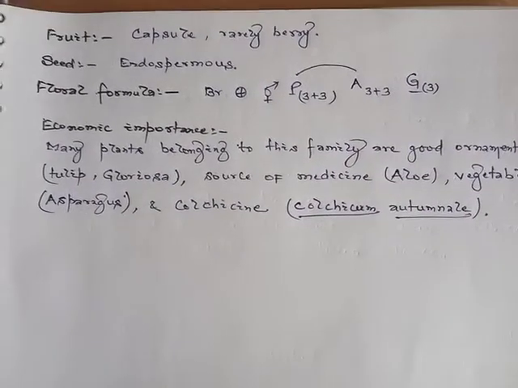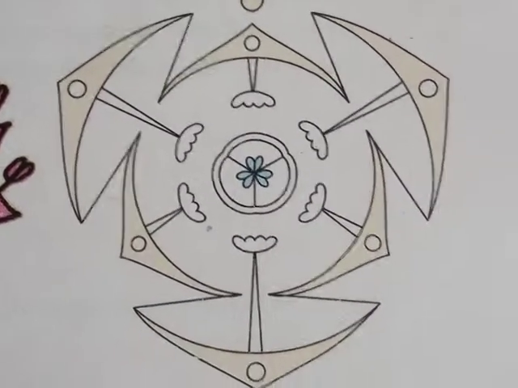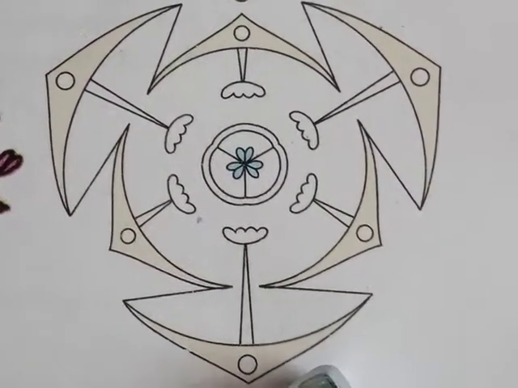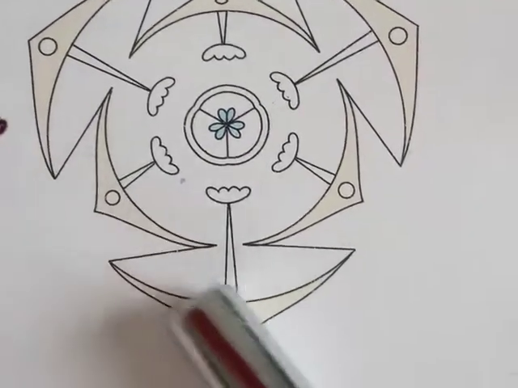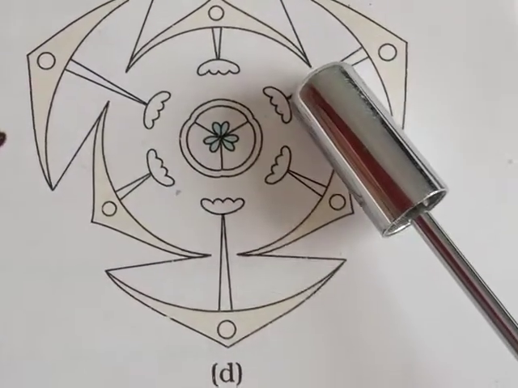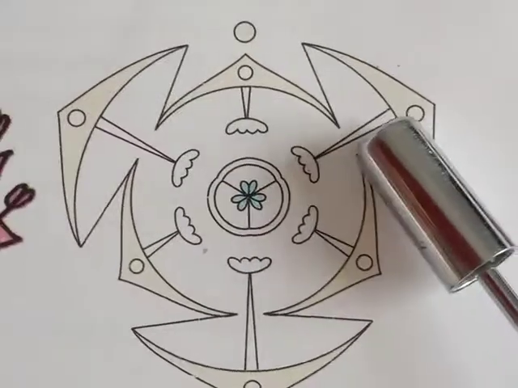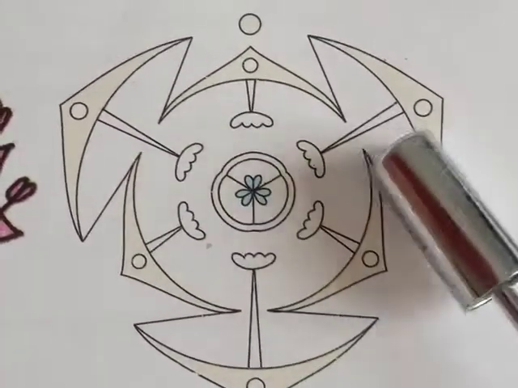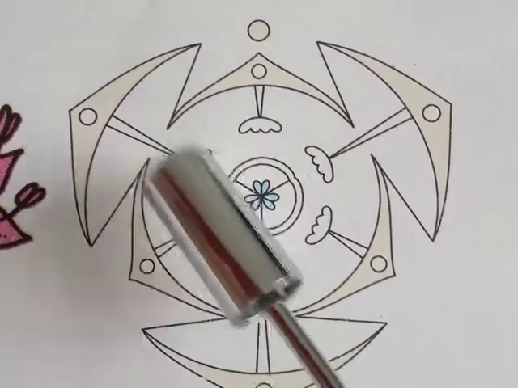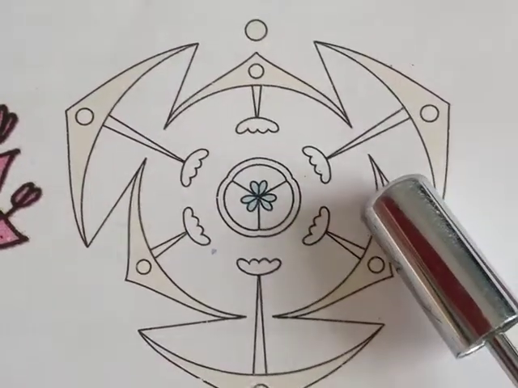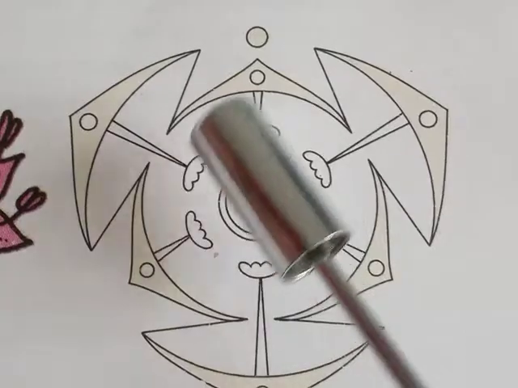Regarding the floral diagram, we may observe that the tepals, which are the units of perianth, are in the arrangement of 3 plus 3, meaning 3 and 3 inner to it, and the stamens are also 6 in number.